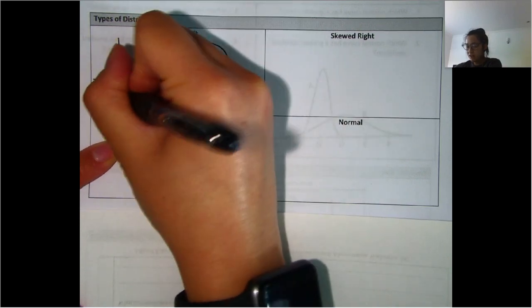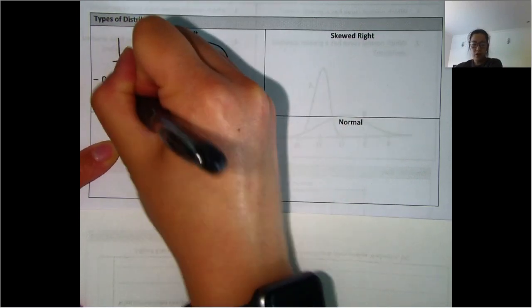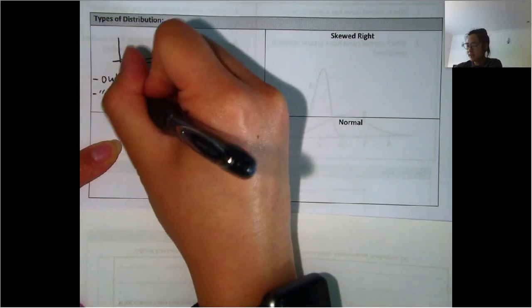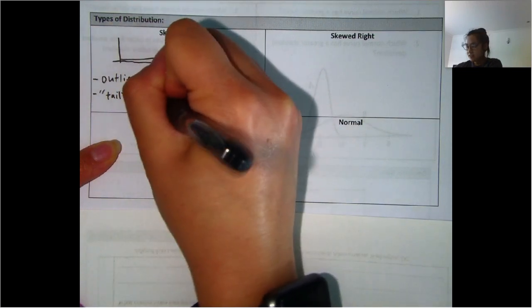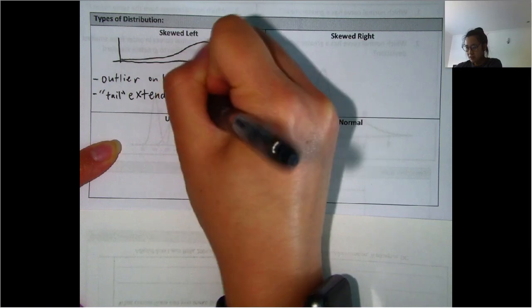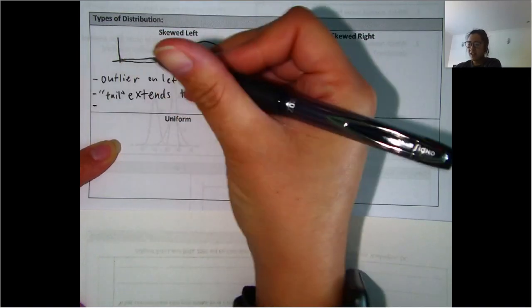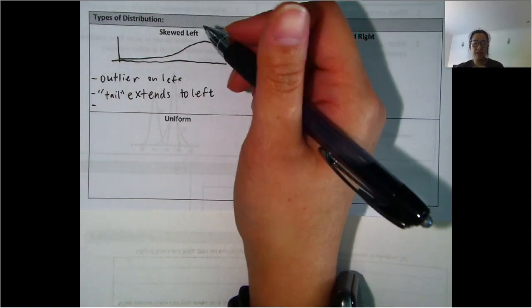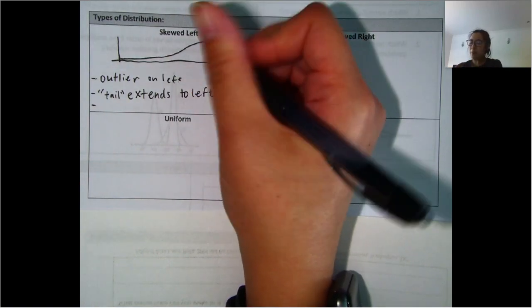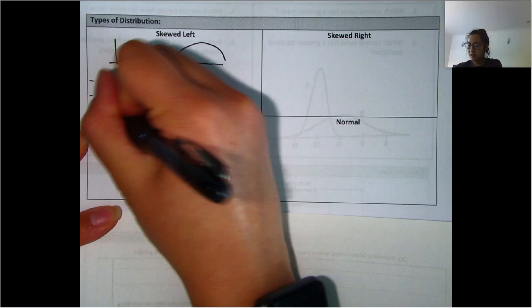Your tail would also extend to the left. And in this situation, your mean is also going to be to the left of the median.